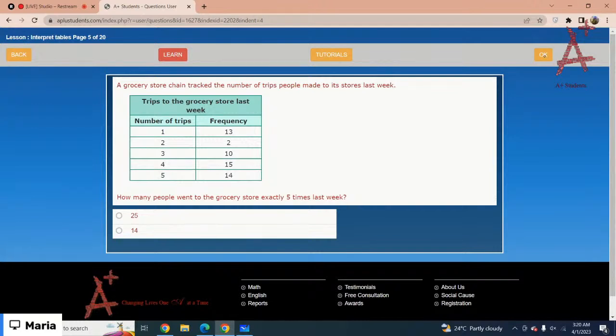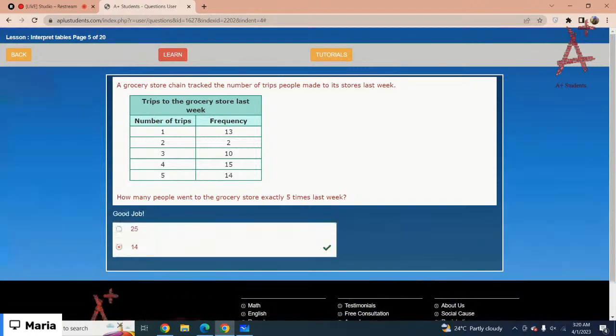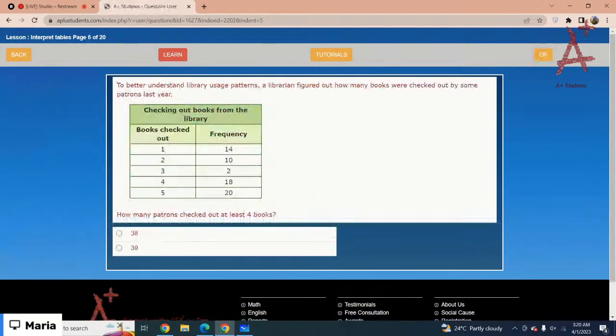That means 14 people went to the grocery store exactly 5 times last week. Got it? So the correct option is 14. So just select the correct option and click on the OK button.